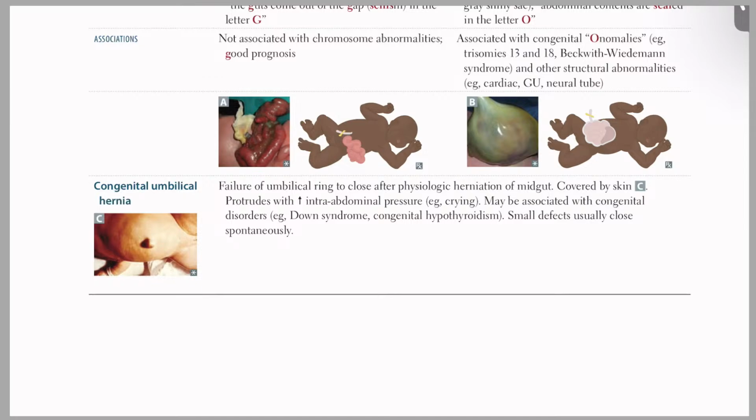That is C. Protrude with increased intra-abdominal pressure, that is crying. May be associated with congenital disorders, that is Down syndrome, congenital hypothyroidism. Small defect usually close spontaneously.